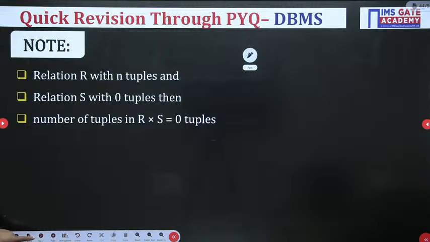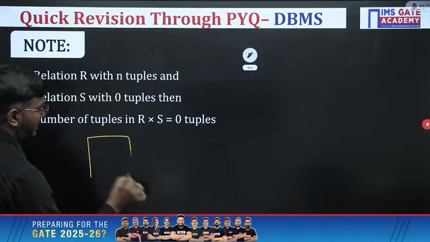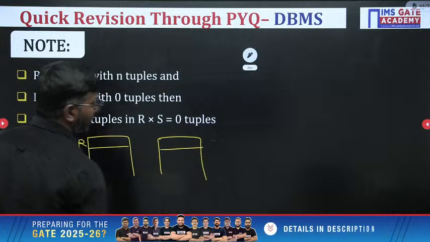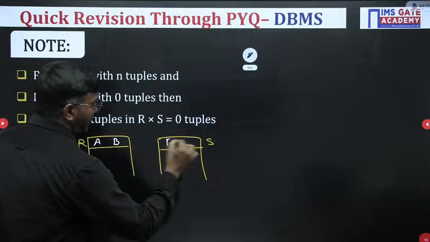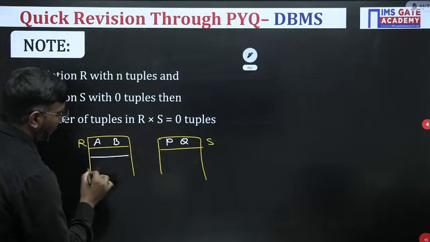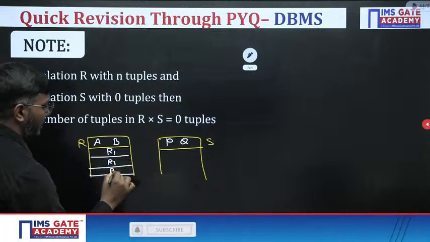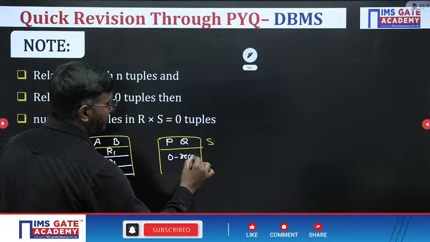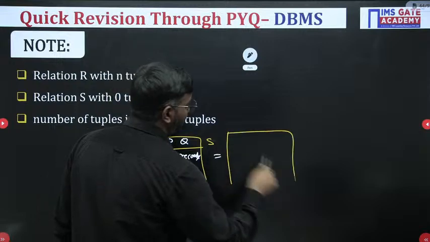Now let's go for the next one. Sometimes, if you are finding the cross product between R and S, let's assume we have attributes A, B and P, Q. In R we have some records like R1, R2 and R3, and in S if you have 0 records, then the result of R cross S will have 0 records.